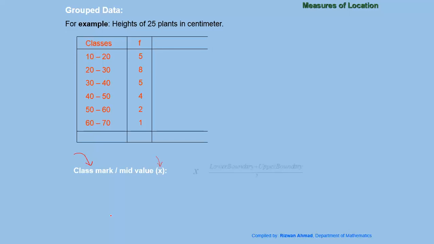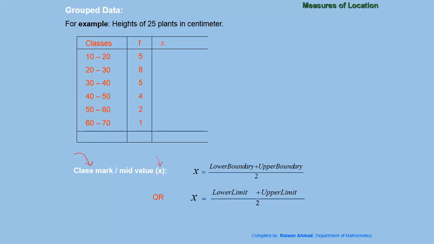It is always equal to the lower boundary plus the upper boundary divided by 2. So 10 plus 20 divided by 2 will be 15 for the first class. Another way to find the mid value or class mark is the lower limit plus the upper limit of each class divided by 2.